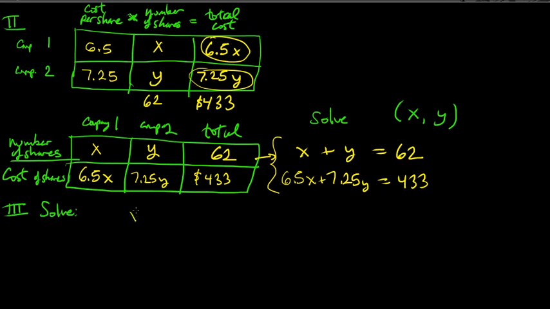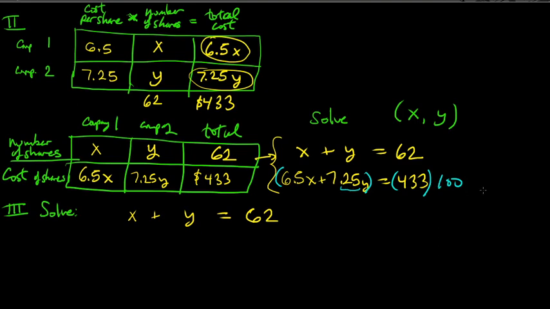Okay, so we don't have to do this, but since the first equation doesn't have any fractions or decimals, and the second equation does, I'm going to multiply the second equation by what? Well, if you want to get rid of all the decimals, you can always multiply by 100 because this is 1/100th of a dollar. 1 penny is $0.01.